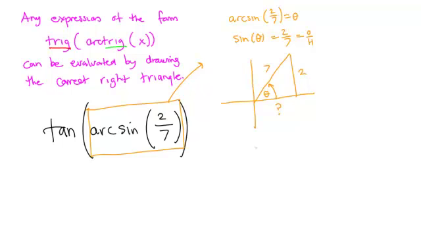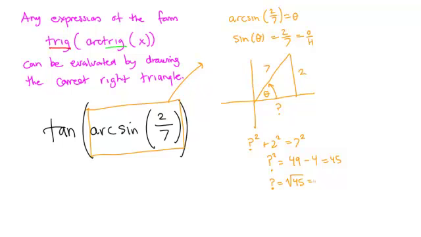Well, I could do a quick Pythagorean theorem calculation. I know that the missing side squared plus 2 squared is equal to 7 squared. So the missing side squared would have to be 7 squared, 49, take away 2 squared, 4, which is 45. And so that means that the missing side has to be the square root of 45. And you could leave it like that.